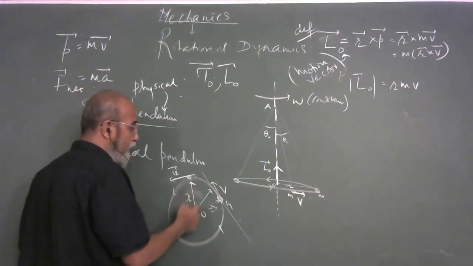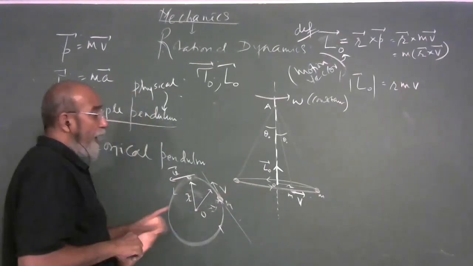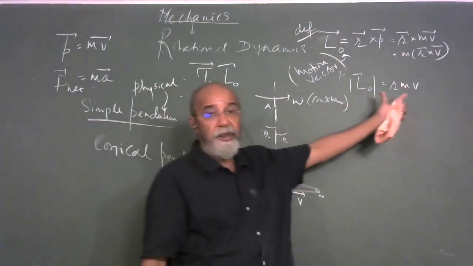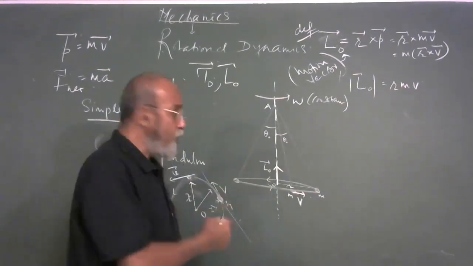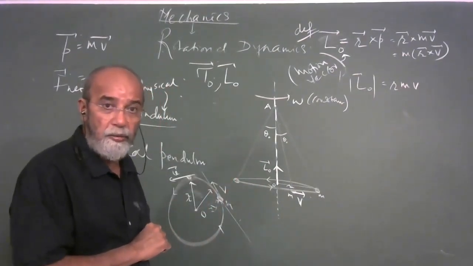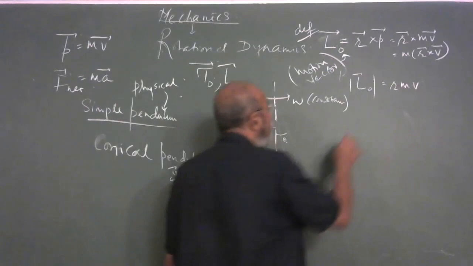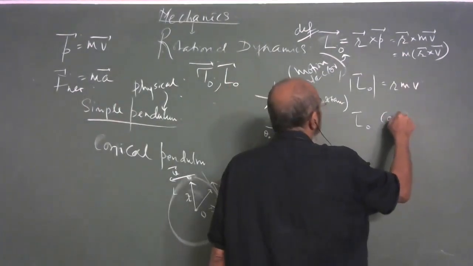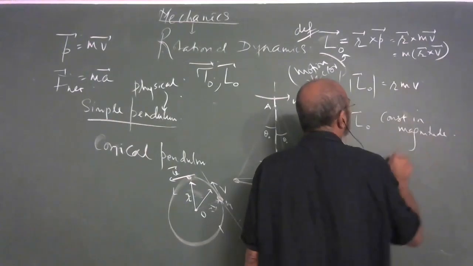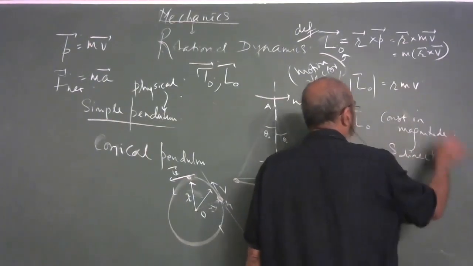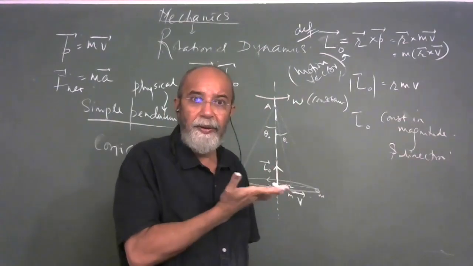Wherever the bob is rotating about this, L about O is constant in magnitude because v is constant, radius R is constant, mass is constant, and it is constant in direction. It's uniform.